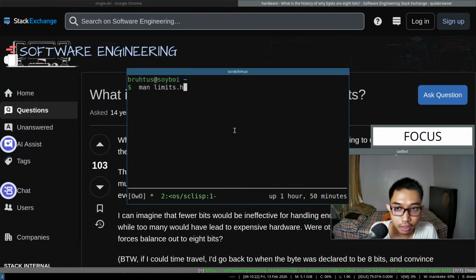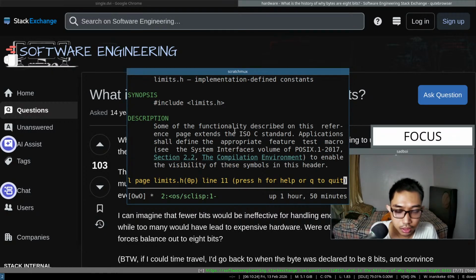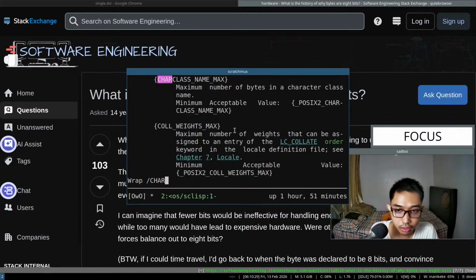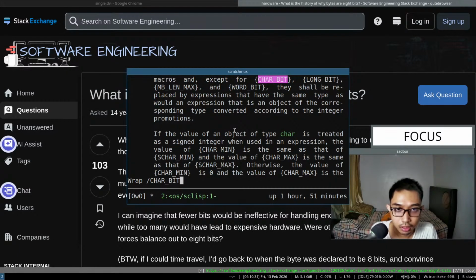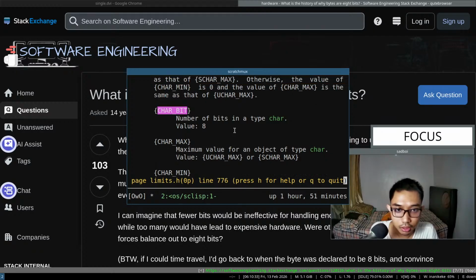I think some people said if we want to check how big a byte is, we can check CHAR_BIT in the limits.h header, because 1 char in C is 1 byte, and CHAR_BIT has the value of the number of bits in a byte.